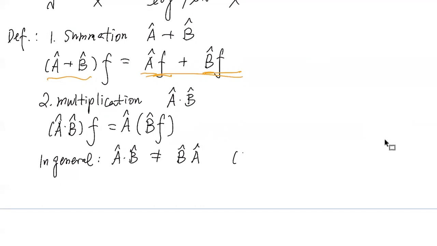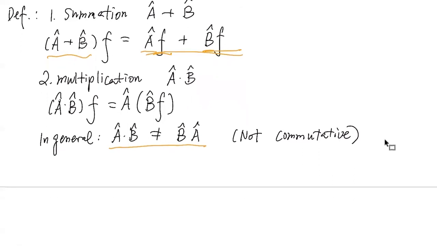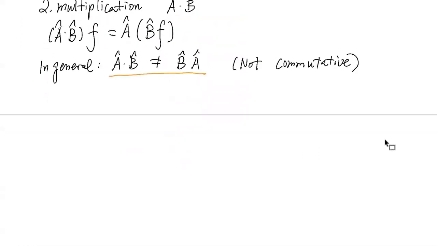We say this is not commutative. Okay? We will talk about several examples about this. It turns out this fact is very, very important in quantum mechanics. It gives you the uncertainty principle.